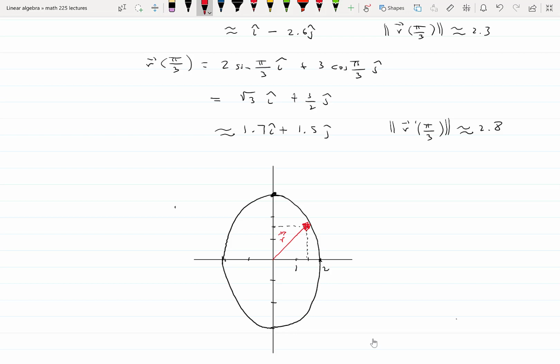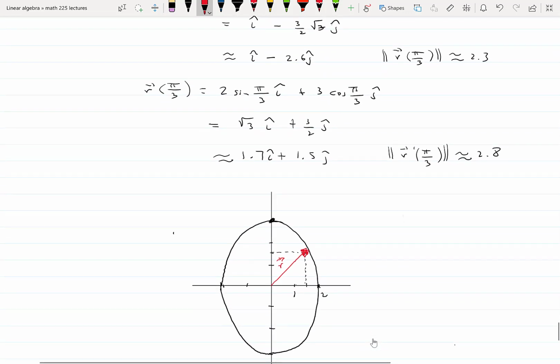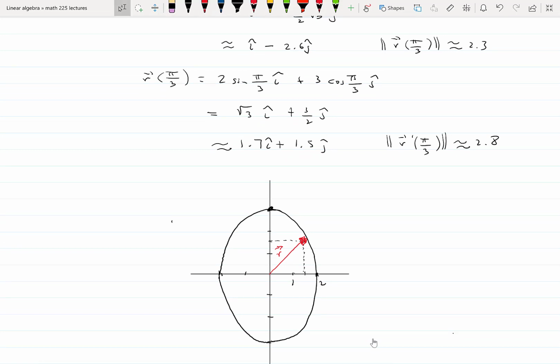The tangent vector is i minus 2.6 j. So it's 1 i, that's one unit to the right, and 2.6 down. So from 1.5, I'm going to go down 2.6. It's about that far down, approximately.